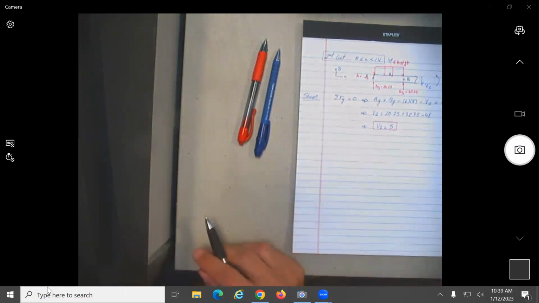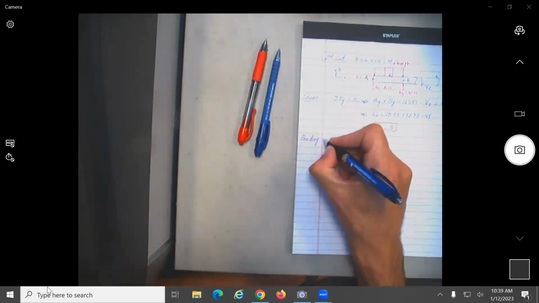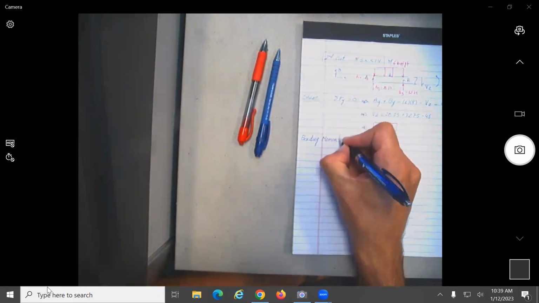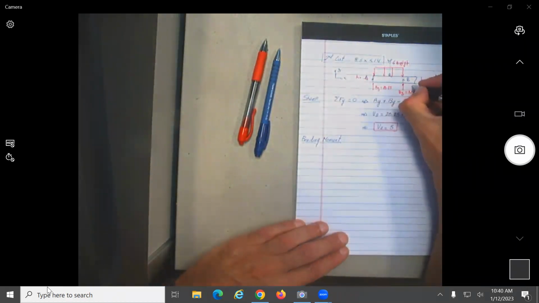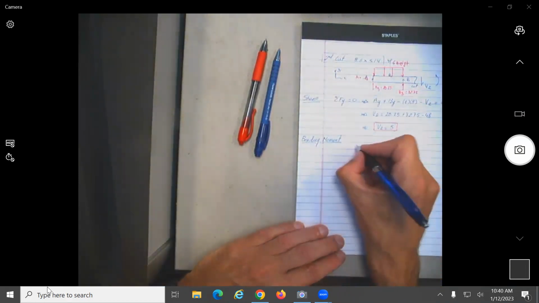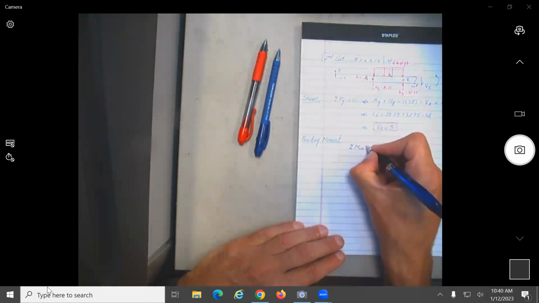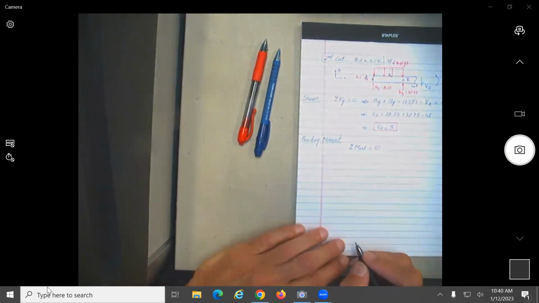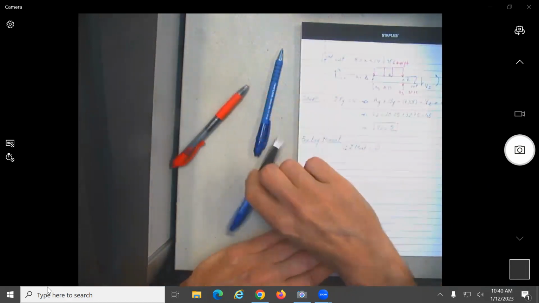I mean, at least on that cut. All right, next we need to find the bending moment. In order to find the bending moment, what do we do? Take the moment about the cut.